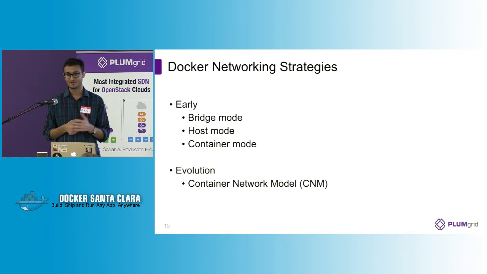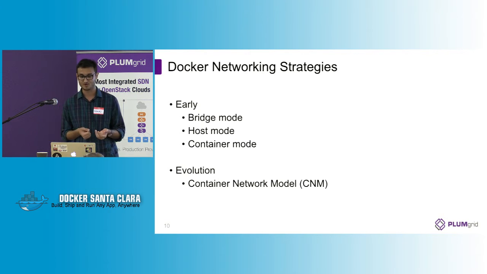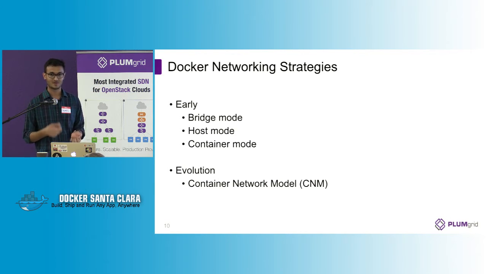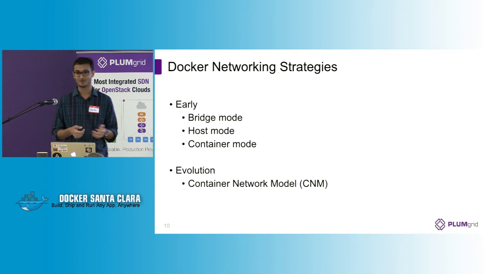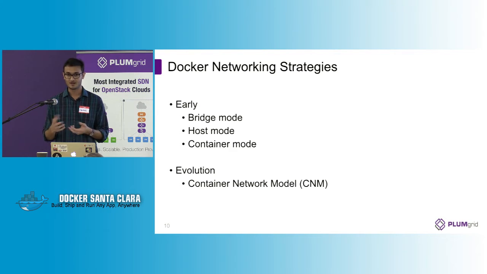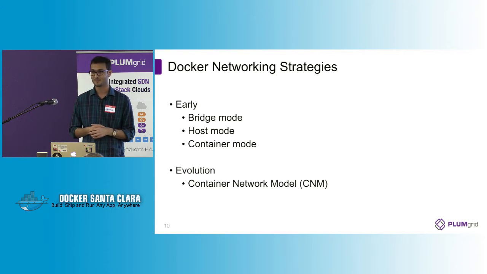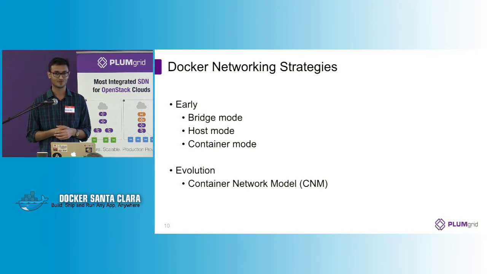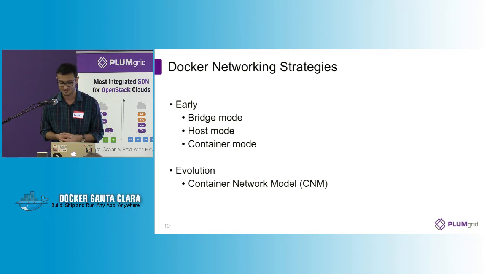There were three modes supported in the Docker world: bridge mode, host mode and container mode. Bridge mode was, again, a Linux bridge where your containers would get connected and be able to communicate with each other. In host mode, all the containers are connected to your host interface, and they would have port-based mapping onto the same IP address, which belongs to that particular host.